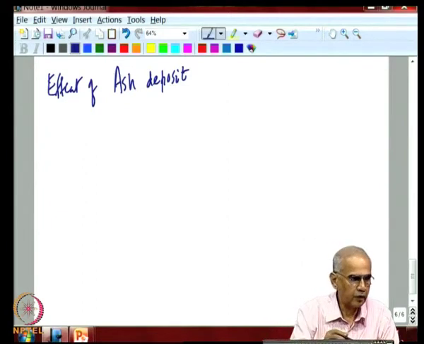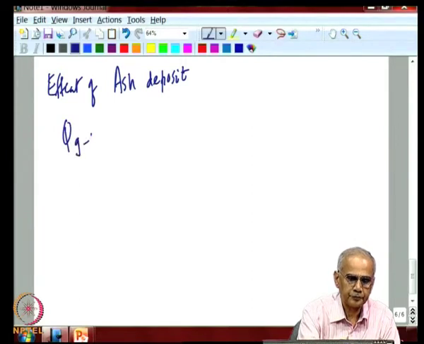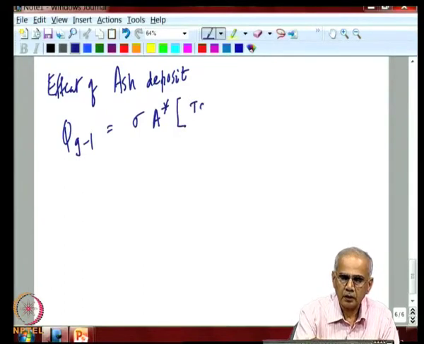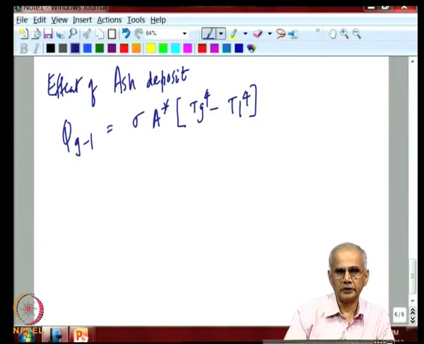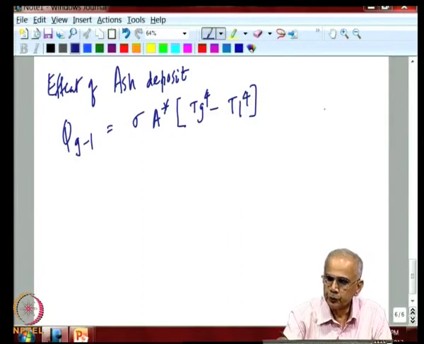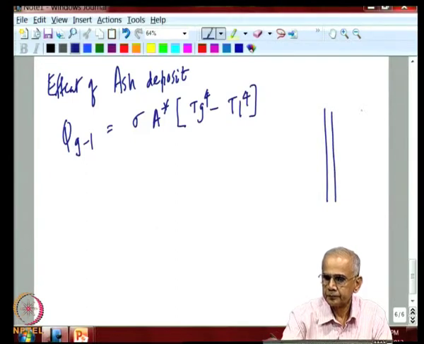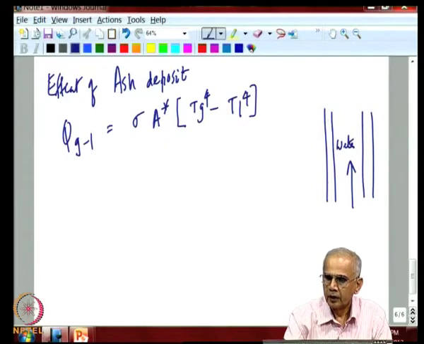Now, remember that we had already estimated heat transfer from gas to sink as this is our model. Previously we had assumed the sink temperature as known, but if there is a tube in which the water is flowing or to be heated, and the tube has a certain thickness, and on that there is a deposit of ash, this is the ash deposit.